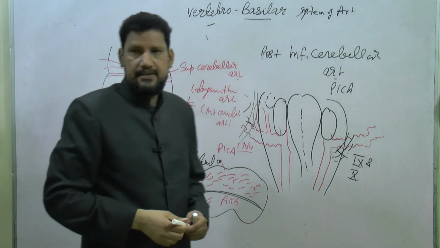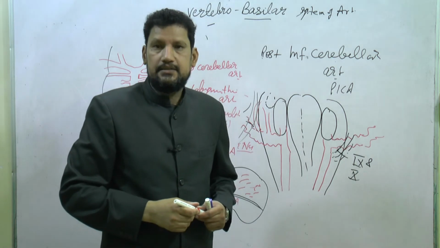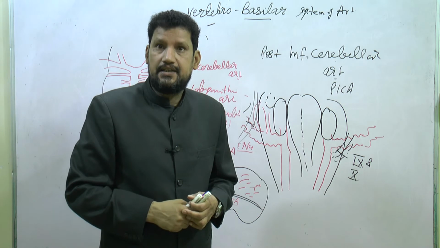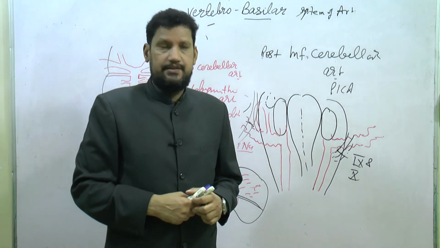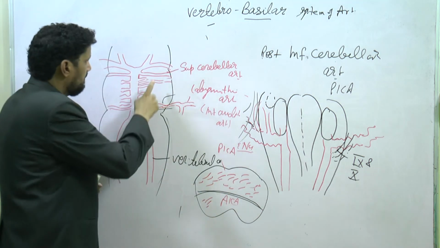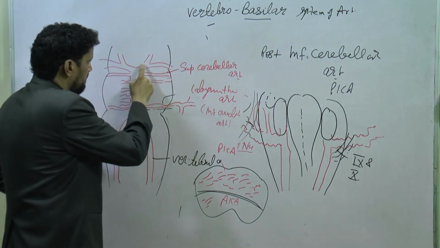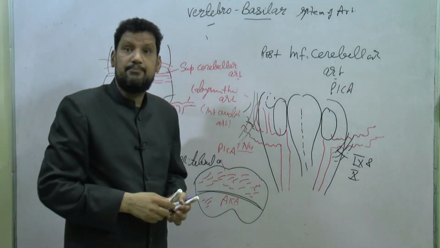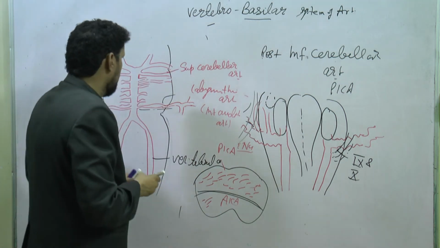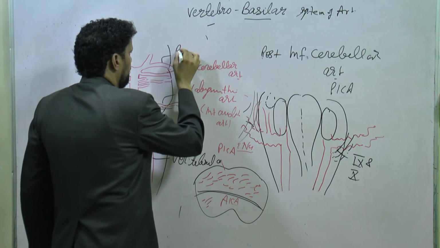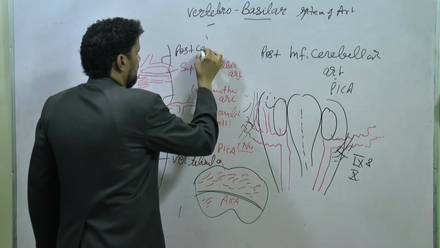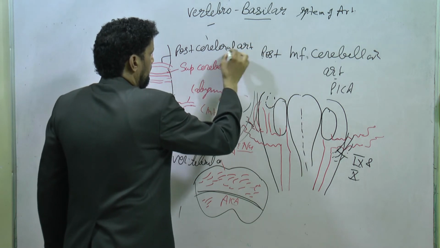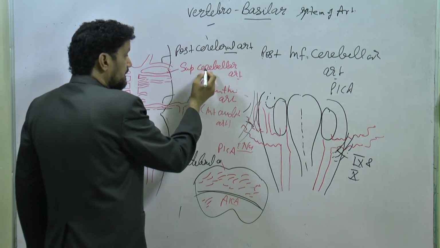They arise just before termination of the basilar artery and run parallel to its terminal branch, which is known as the posterior cerebral artery. So this is the posterior cerebral artery, and this is the superior cerebellar artery.